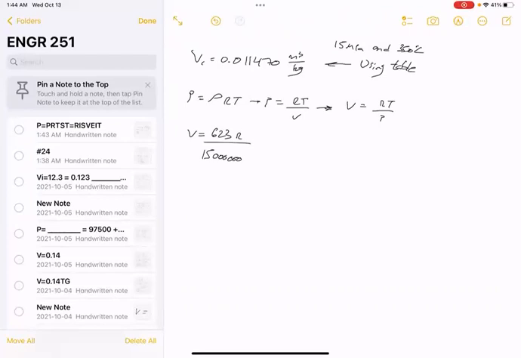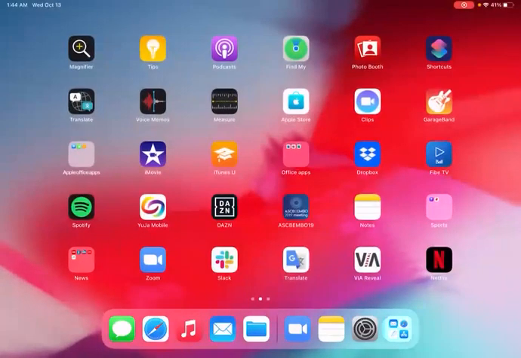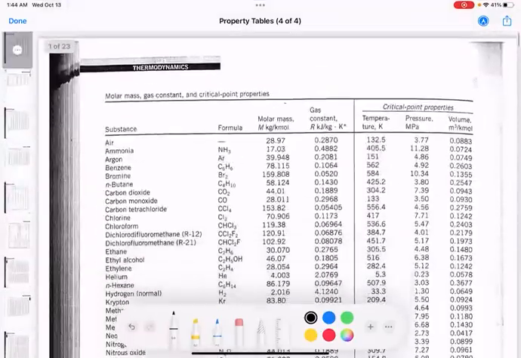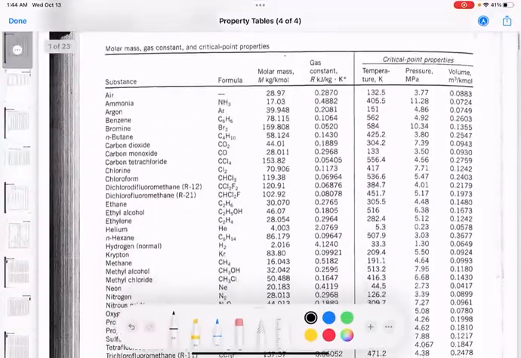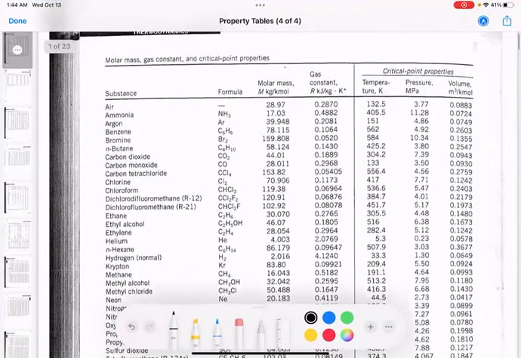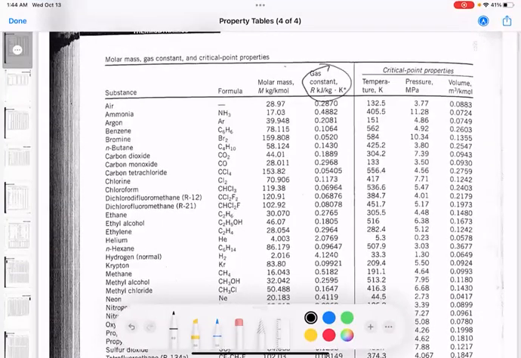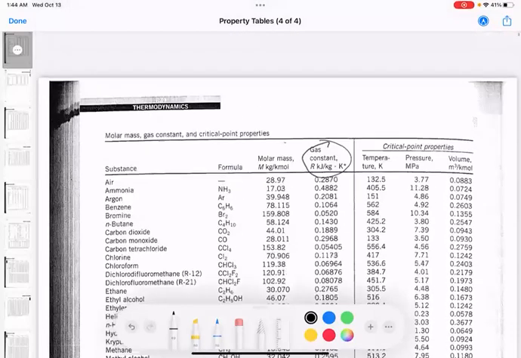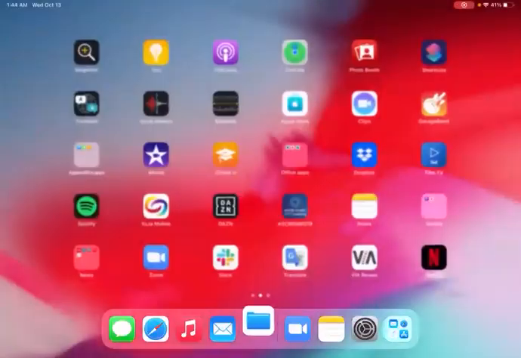Now what's R? Well, again, R depends on the fluid you're using. So we can get that from a table if we don't know what it is. And if we go all the way up to the top, it should be around here. Yeah, we see the third column is gas constant. So if we go to water, we see we have R is 0.4615, and it's kilojoules per kilogram Kelvin.